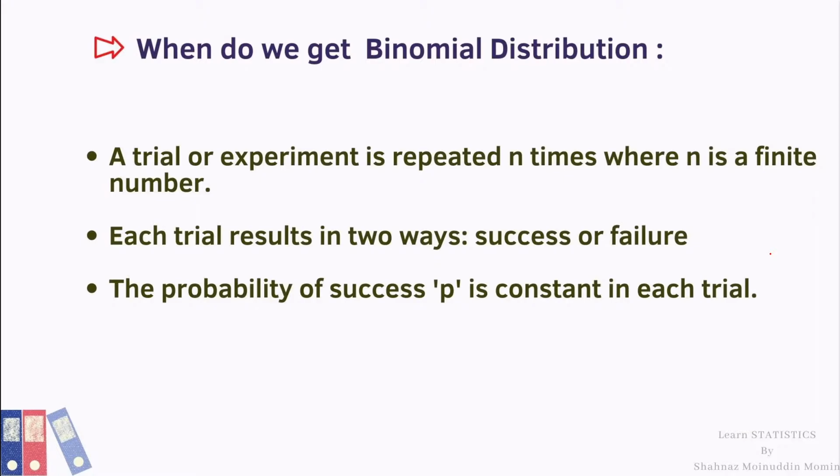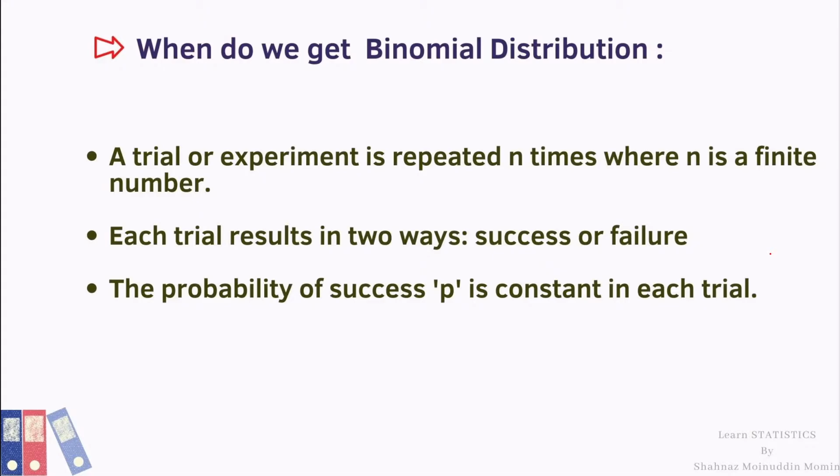It means the experiment should repeat a finite number of times. The second point to remember is each trial results in two ways, success or failure. It means the result of each experiment should be a success or failure. And the last point is the probability of success p is constant in each trial. If all these points are covered in an experiment, then the experiment follows a binomial distribution.